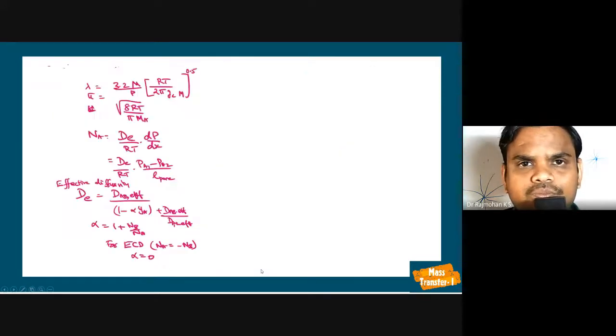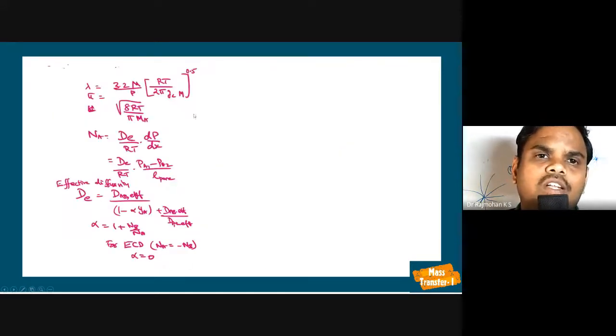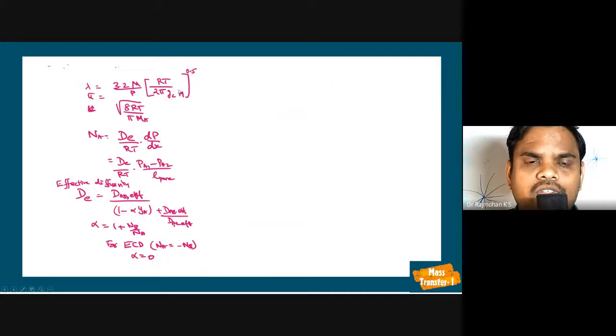Okay, and we have seen in lecture number 15 what Knudsen diffusion is. There we have defined the correlation which we are going to use for determining the mean free path. Lambda is 3.2 mu by P into (RT by 2 pi gc M) to the power 0.5, and we have the average mean velocity, which is square root of 8RT by pi MA, and we have the flux expression D by RT into dP/dx, or you can say D by RT into (PA1 minus PA2) by the length of the pore.